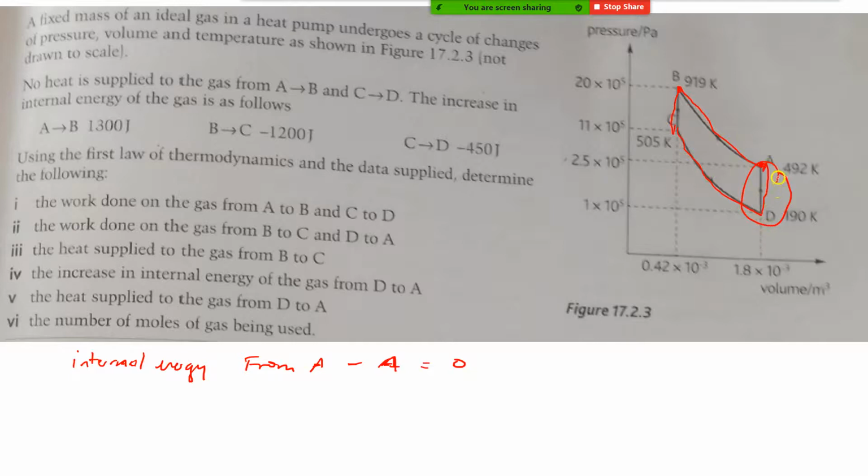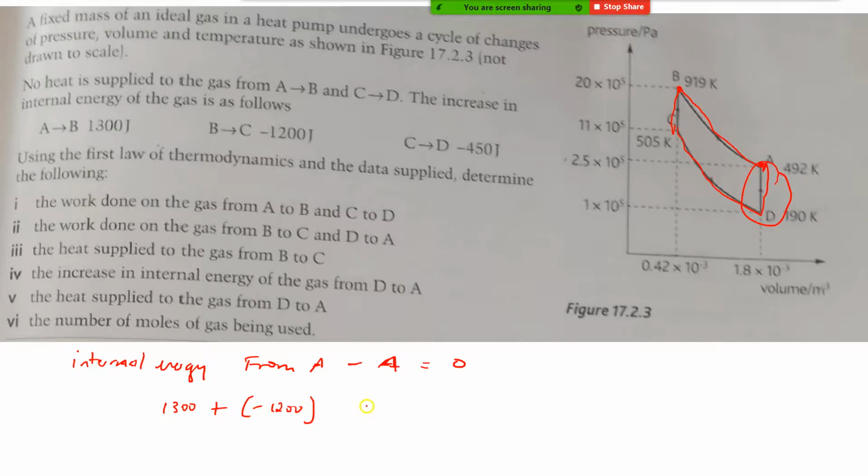In that process, I can find out what it is. From A to B, we know the internal energy is 1300 joules, plus B to C, that is minus 1200.